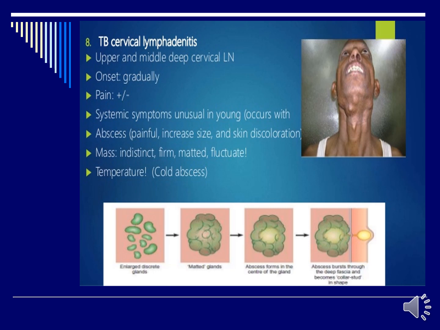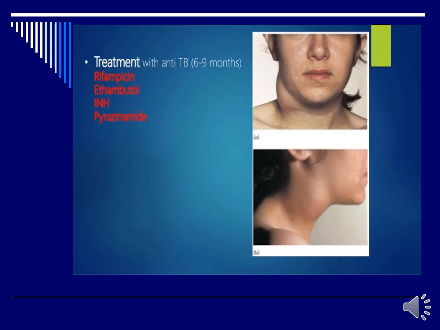Tuberculosis is matted together or fluctuant and firm, indiscrete, while lymphoma is discrete. Treatment is with anti-tuberculosis drugs, sometimes with surgery, sometimes only anti-tuberculosis treatment, for 6 to 9 months.